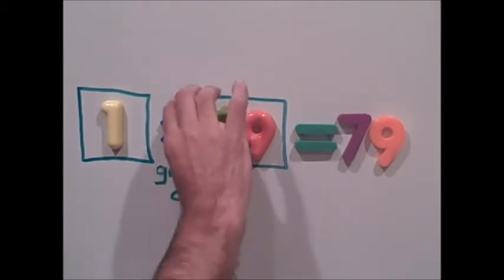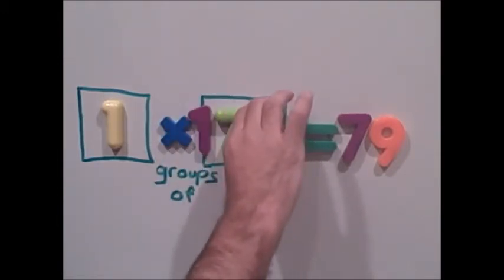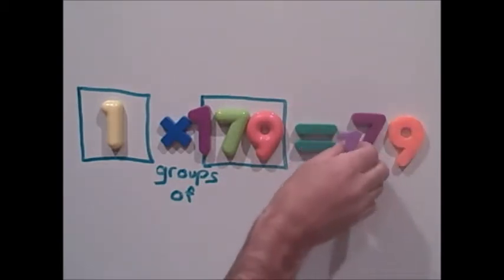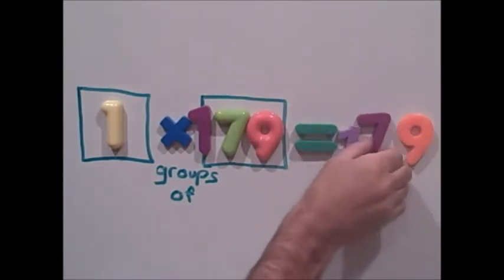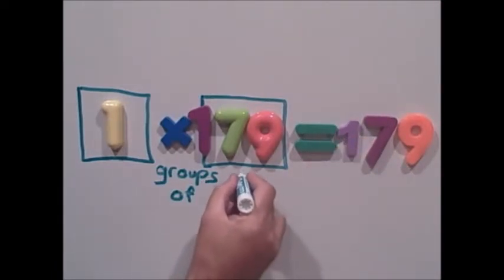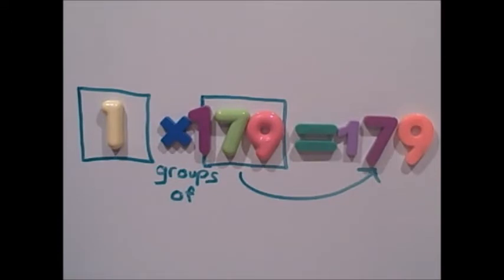You could see that if I made this 179, clearly the product would be 179 because it's that one group with that much in it. And you could see that connection across the equal sign. This is the identity property of multiplication.